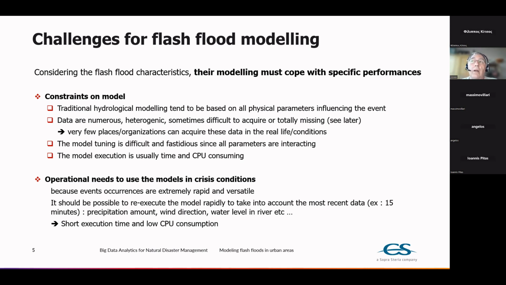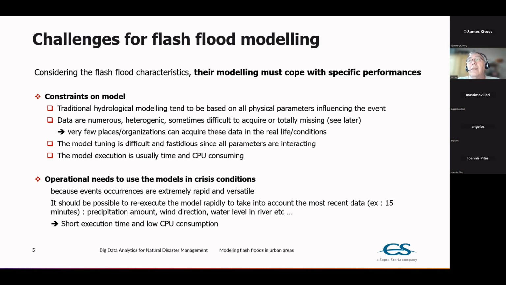All these data are numerous. It depends on the place, but they are very heterogeneous, very different in frequency, in format, and so on. And sometimes, in some places, very difficult to acquire, meaning you don't have the sensor, you don't have the historical data, you are missing at least a part of the physical parameters.